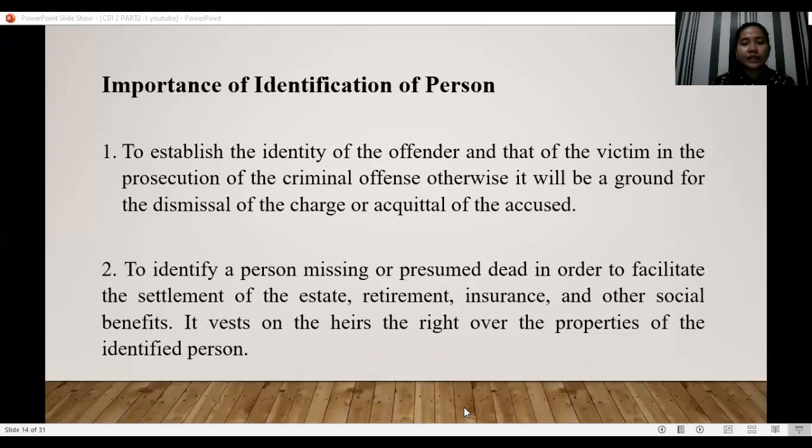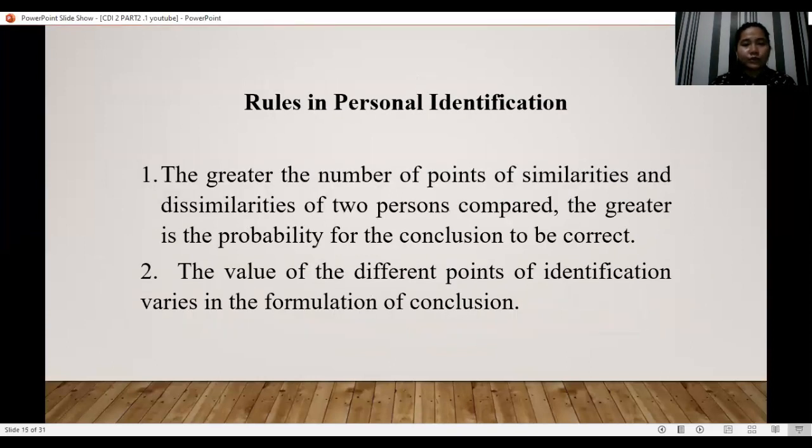So next we have the rules in personal identification. The first one is, the greater the number of points of similarities of the two persons compared, the greater is the probability for the conclusion to be correct.